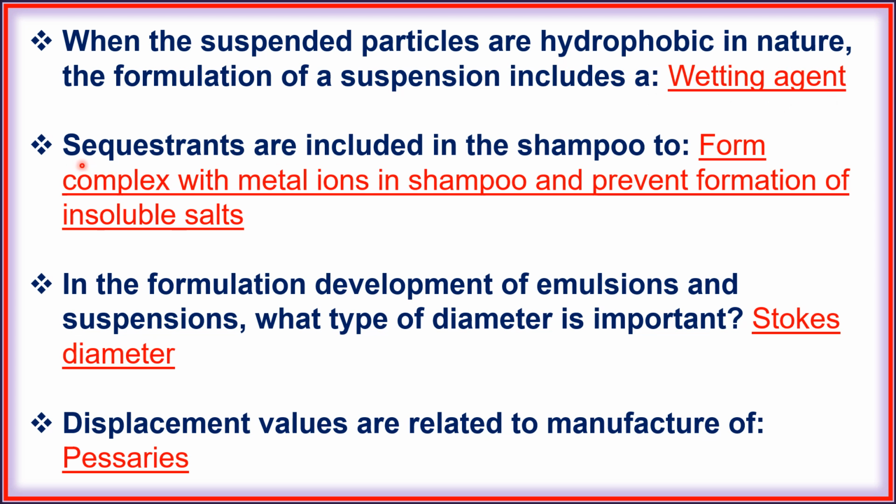Next, sequestrants are included in shampoos to form complex with metal ions in shampoo and prevent formation of insoluble salt. Next, in the formulation development of emulsion and suspensions, what type of diameter is important?